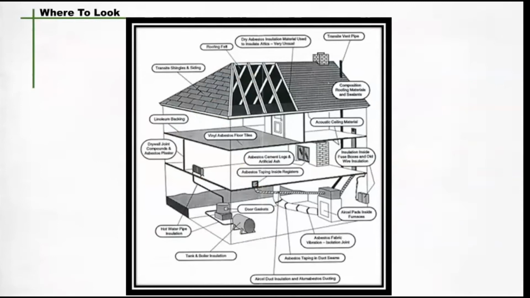So as we plan to demolish or renovate the property, we must inspect areas, assess the risk that asbestos may be present, get blueprints for the building, ask the owner, or find out when the house was built. If it was built previous to the year 1990 and potentially up to 1995, there's a very good chance asbestos is going to be present.